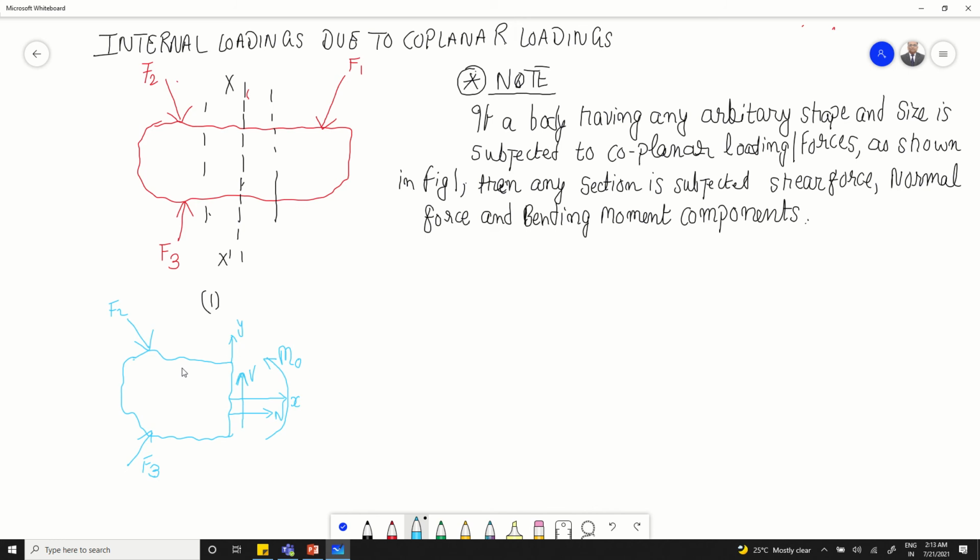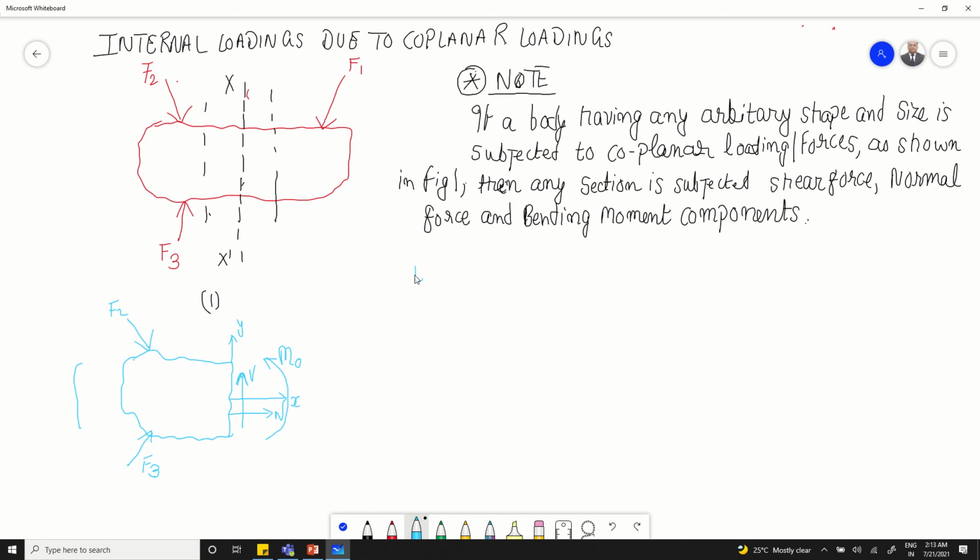Okay, so for a coplanar system of loadings, only these three components will act at any section of a body. Alternatively, we can say these will be the three components of internal forces, right? So the next question is, how do we obtain this V, N and M0?